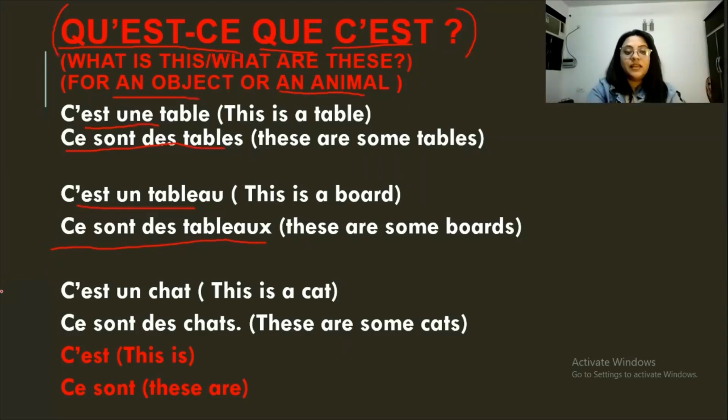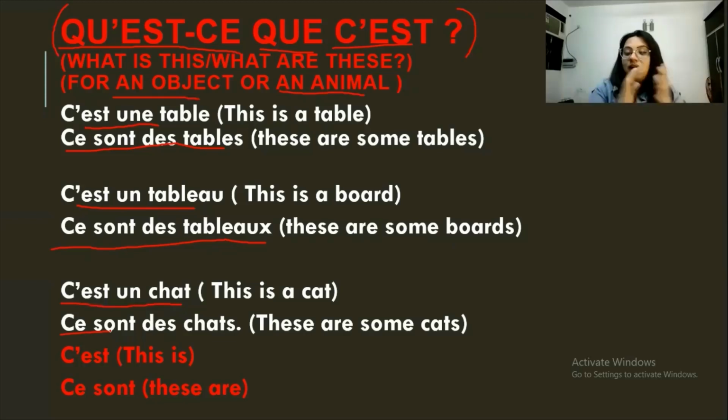If my answer is, c'est un chat, which means this is a cat, my question again is going to be, qu'est-ce que c'est? And if my answer is in the plural form, ce sont des chats, which means these are some cats, then also my question is going to be, qu'est-ce que c'est?